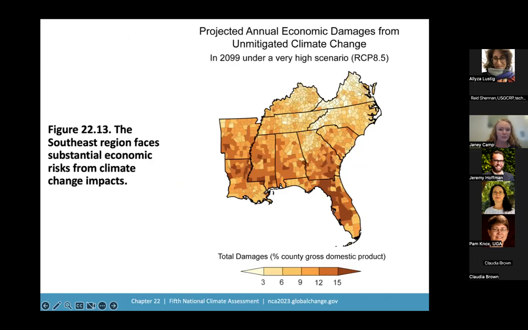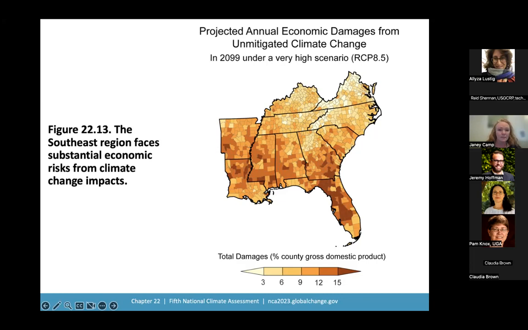So one other thing our team considered was, what are the costs of climate change and damages across the region if unmitigated? So based on current projections using an RCP of 8.5, there's an estimate that many of the communities are going to have a significant percentage of their gross county domestic product focused on responding and managing damages of climate change.